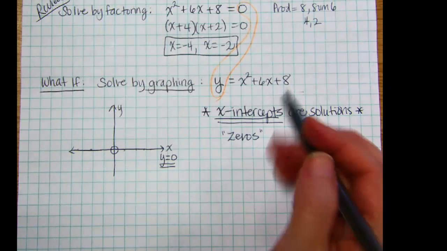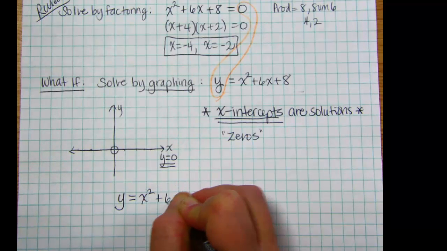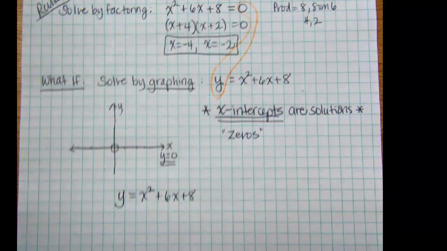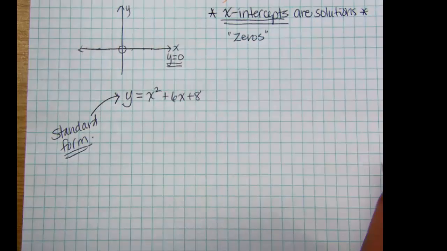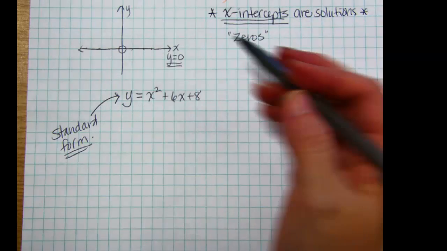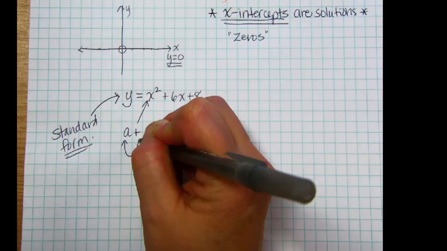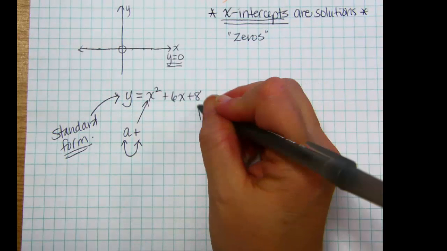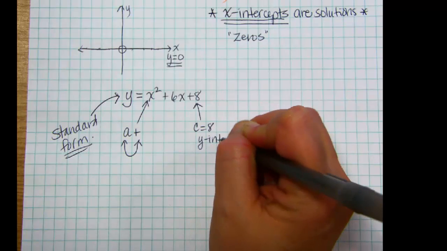So here we go. We have an equation, y equals x squared plus 6x plus 8. That's called standard form. This is what you used to see all the time when you graphed a parabola. You would look at it and you would say a is positive, so it's a happy parabola. You would look at it and say c is 8, so that's the y-intercept.